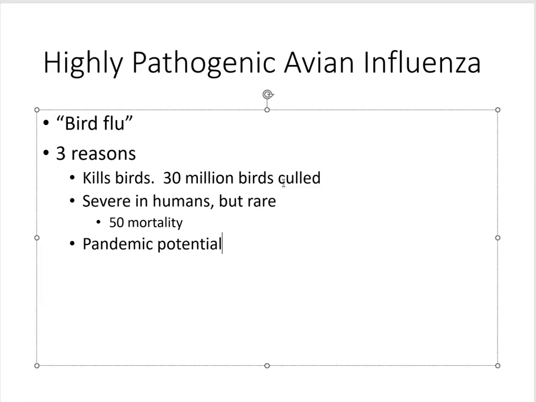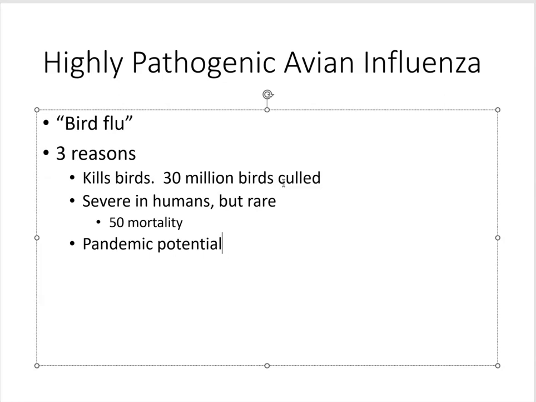And researchers studying ferrets, which have a similar respiration to us, about 10 years ago made a series of mutations in bird flu that made it able to hop from ferret to ferret to ferret, which means basically it could hop from person to person to person.